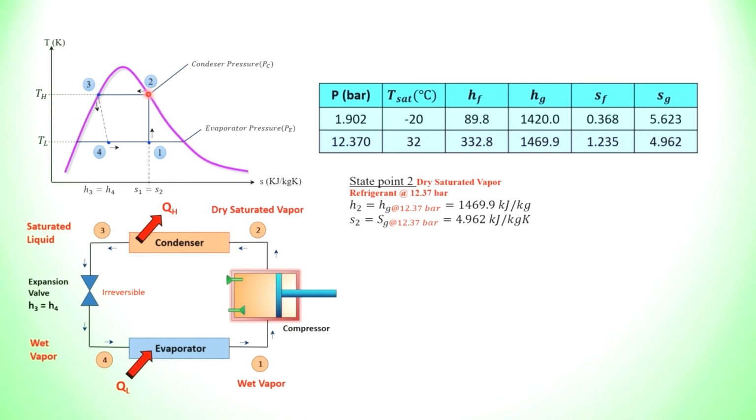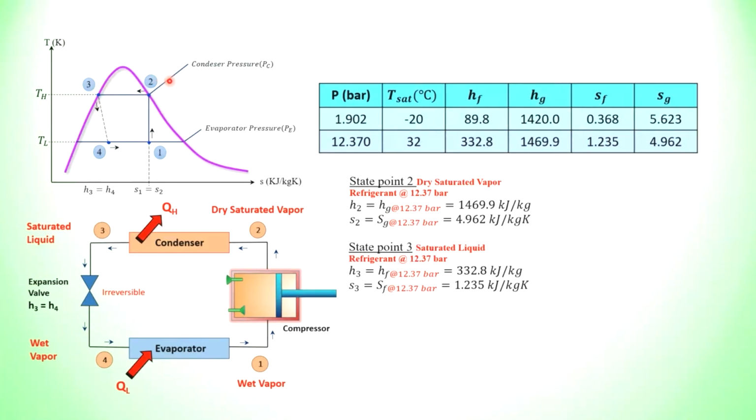If I want to find the enthalpy H2, I will have to take the Hg at this pressure, that is at 12.37 bar, that is 1469.9. Then S2 would be equal to the Sg at this pressure, which is 4.962. See here?